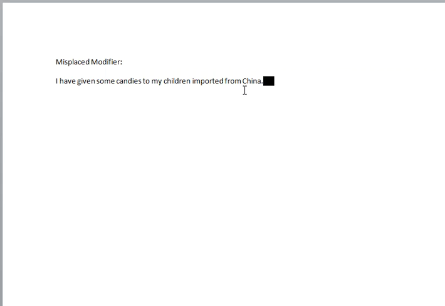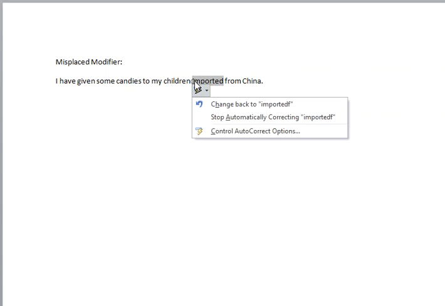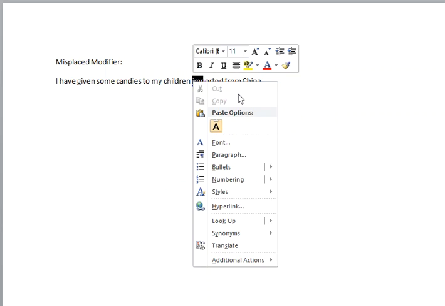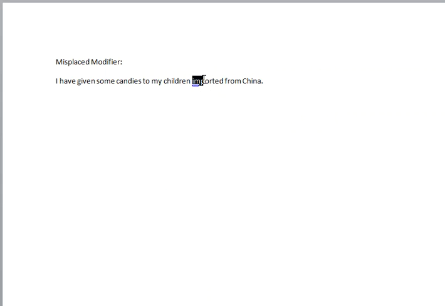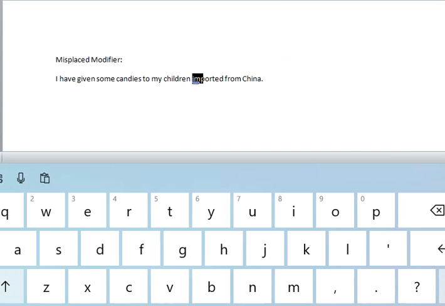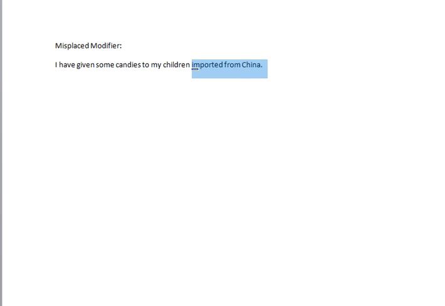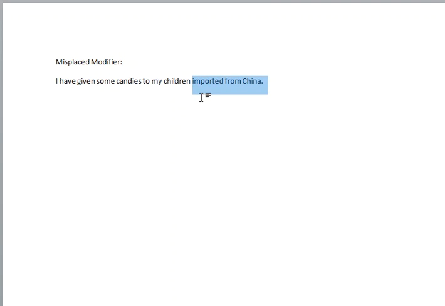How do we do that? By moving this modified part to its modifier, which is candies, right? The candies are imported, not my children. So we just have to move it here. Let's try to move it and put it next to candies.